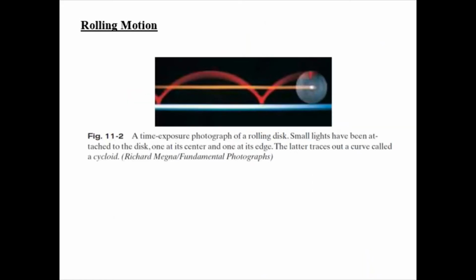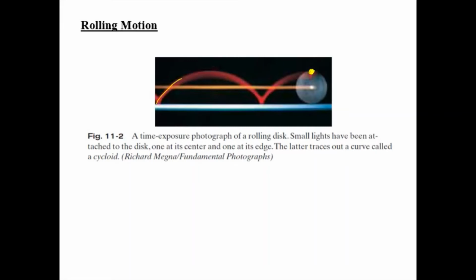Now, those of you that are really interested in your calculus and mathematics, if you ever get interested in this, you could trace out the edge of a wheel as it rolls.